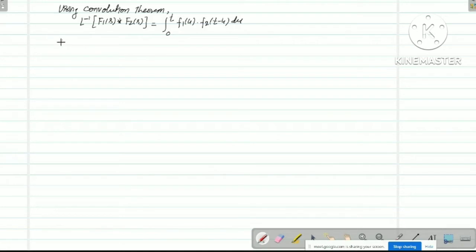Therefore, we just substitute the functions f1, f2. L inverse of F1(s), which is s upon s square plus 2 square, and F2(s), the same s upon s square plus 2 square, is equal to the integration with limit 0 to t of f1(u).